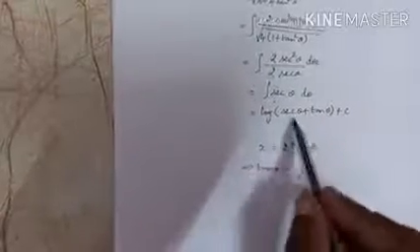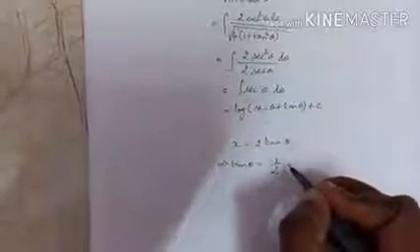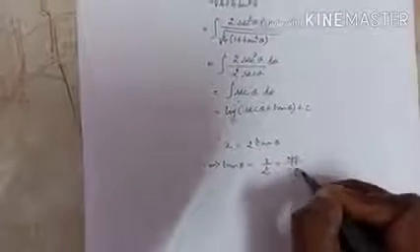Now I have got the answer of tan theta in terms of x. To find the answer of secant theta in terms of x, let us use Pythagoras theorem. We know tan theta is opposite side by adjacent side.